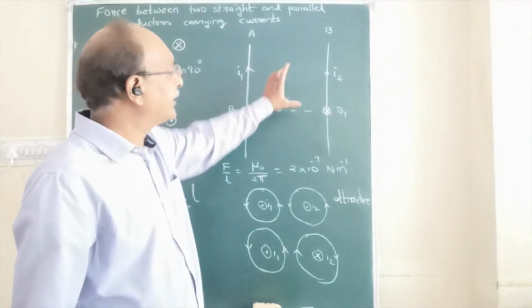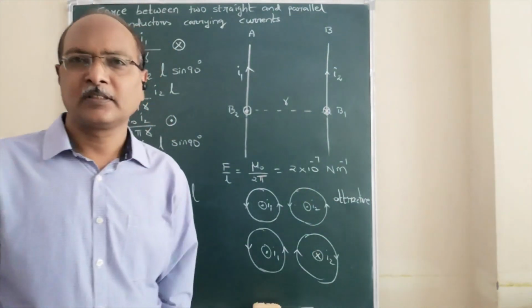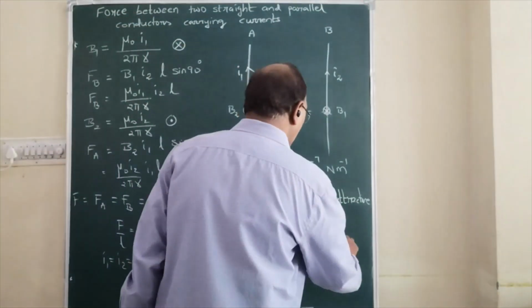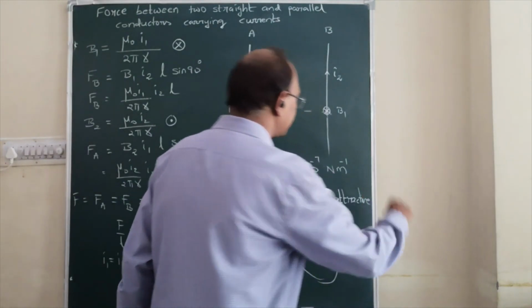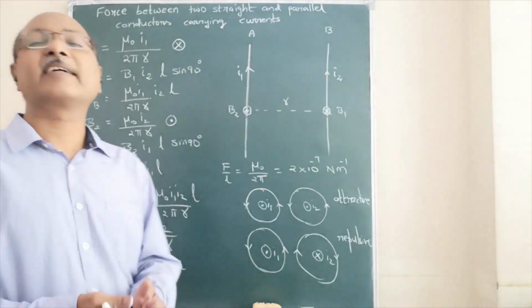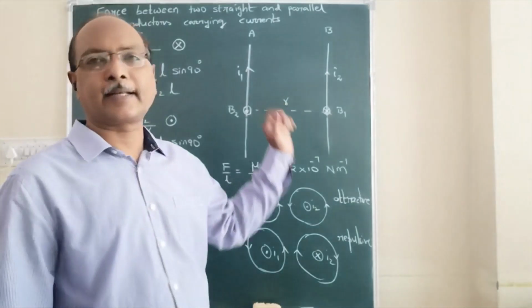So somewhere in between, you can see that the magnetic field lines are in the same direction. So same direction means the force will be repulsive. So in that way, we can know the nature of the force between the two conductors.